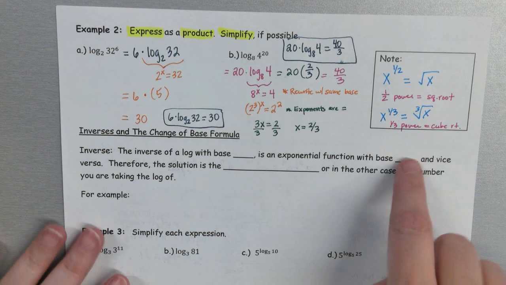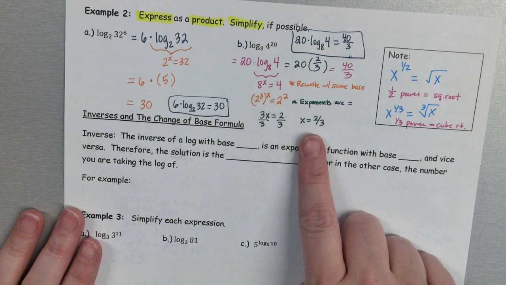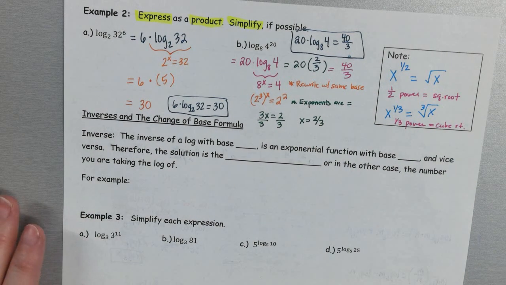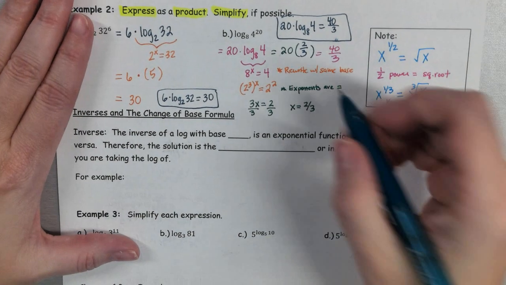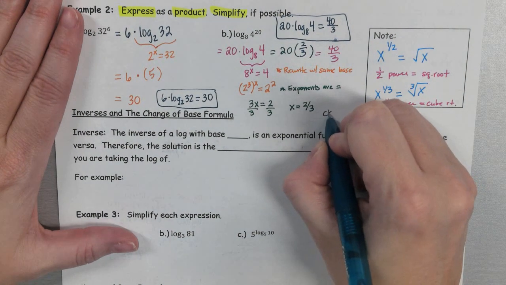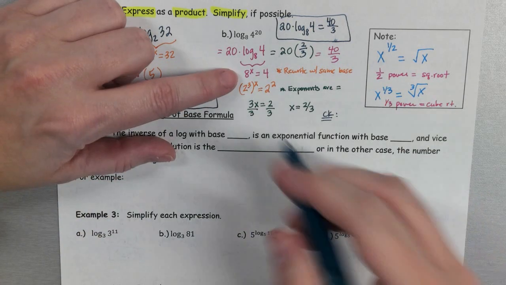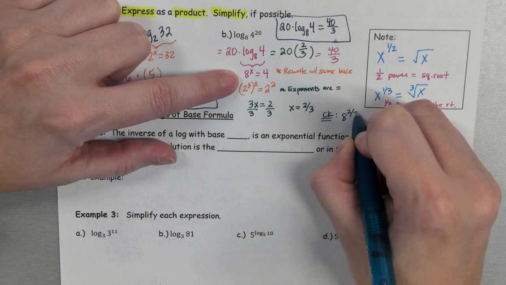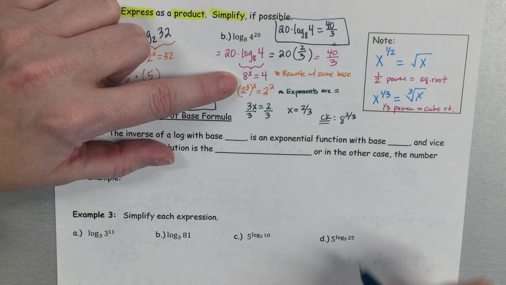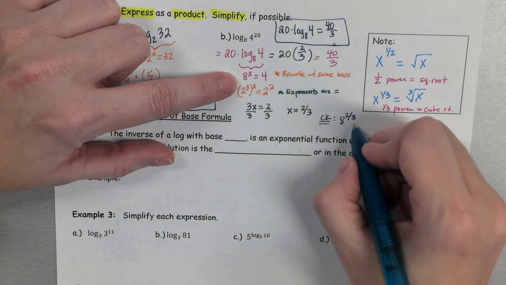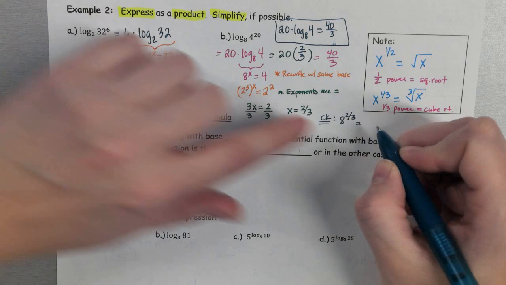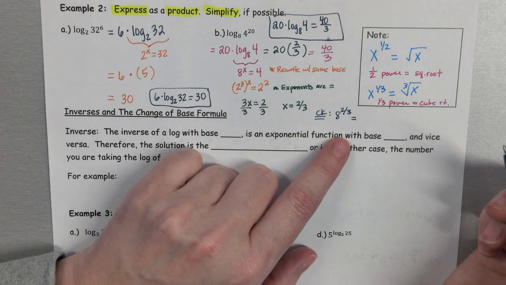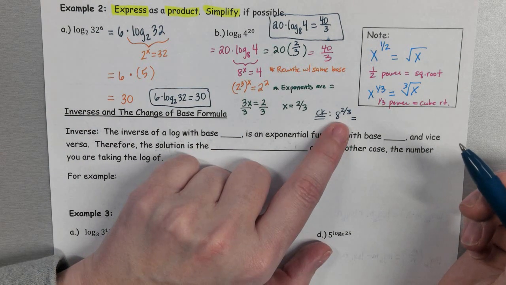We can actually use that property to check this. If you wanted to check to make sure that that was the same, I'm going to show you how to do that. Just don't stress too much about it. So if I wanted to check to make sure 8 to the 2/3 was equal to 4, I could rewrite this. So isn't 2/3 the same thing as 2 times 1/3?